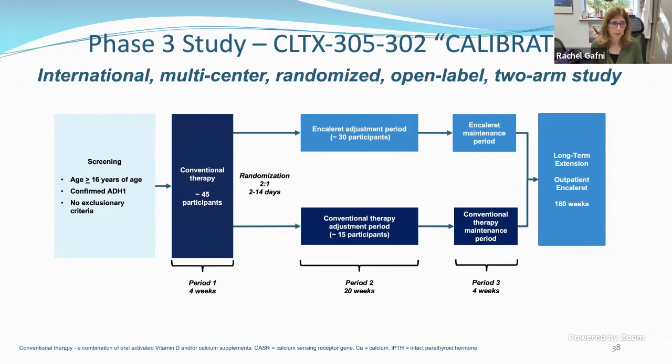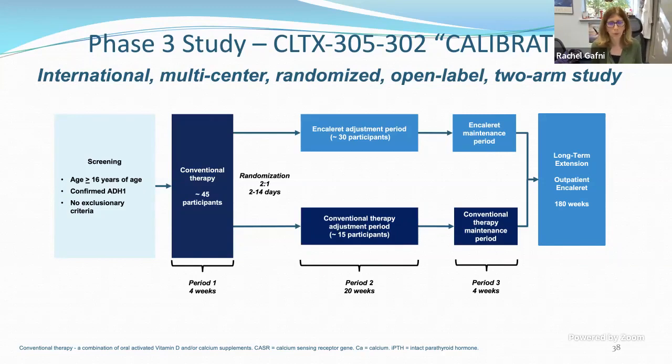They have to be at least 16 years of age and have ADH1. And then we're trying to enroll about 45 patients at all of the sites around the world. They'll be monitored on their calcium and calcitriol for about 4 weeks, and then they'll be randomized. And 2/3 of the people will be randomized into receiving Encalaret, while 1/3 will be randomized into continuing on the calcium and calcitriol.